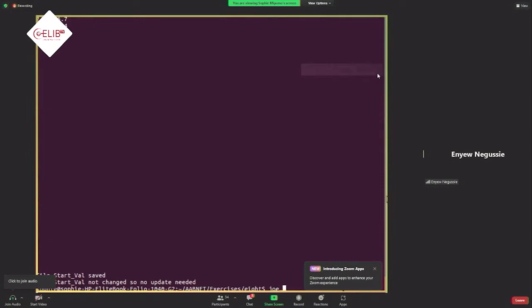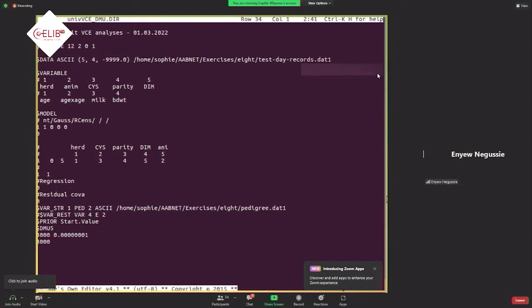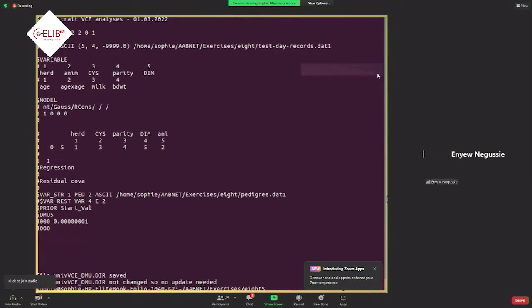Directive file. Okay. Go to this start val and change it to underscore. Underscore, and very good. Everything looks fine. Okay, save this one. Start with DMU1.